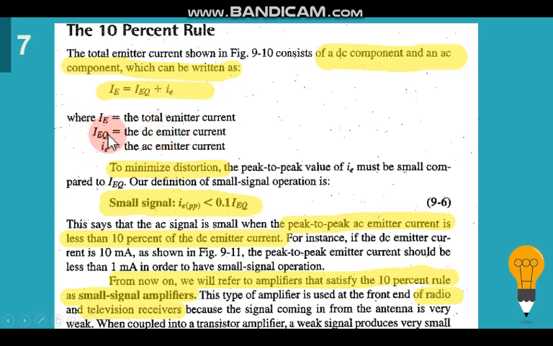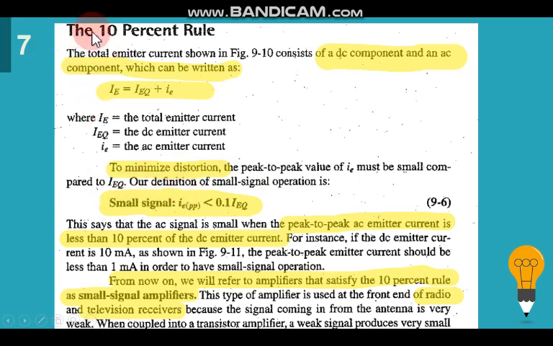Meanwhile, we are writing capital EQ, that is capital EQ indicates the DC current, and Q means quiescent point, and small e indicates the AC quantities. To minimize the distortion, the peak-to-peak value of ie must be small compared to IEQ.